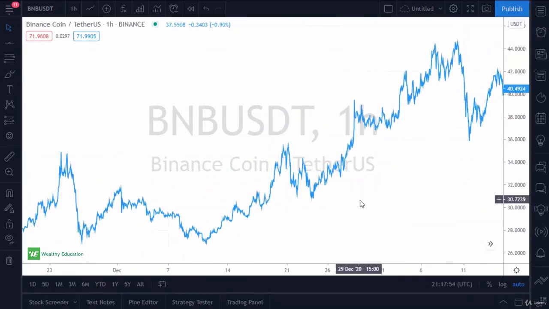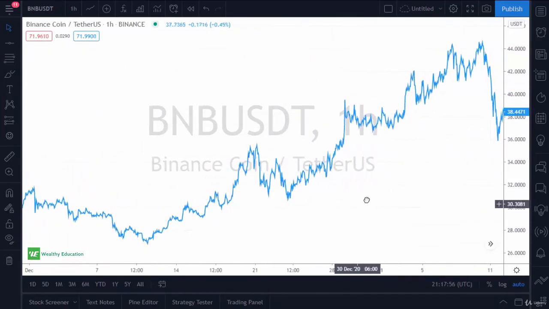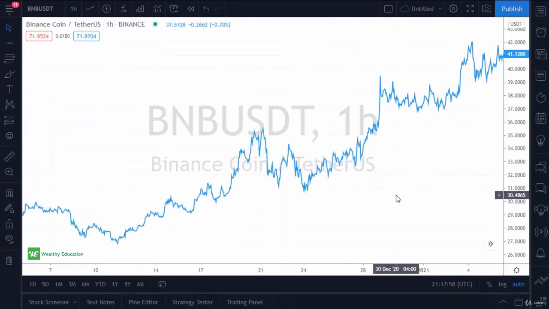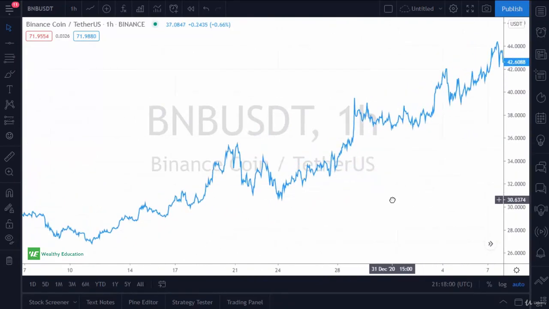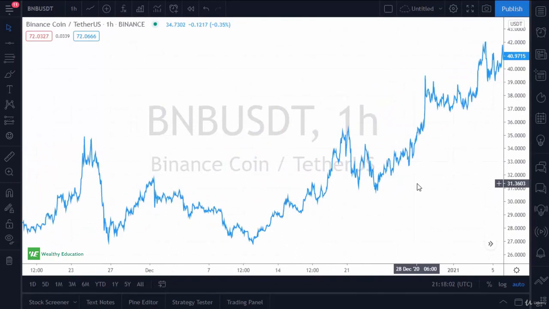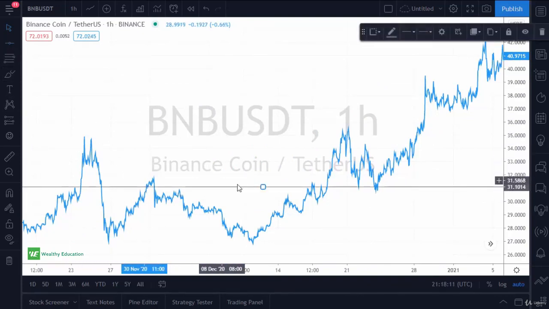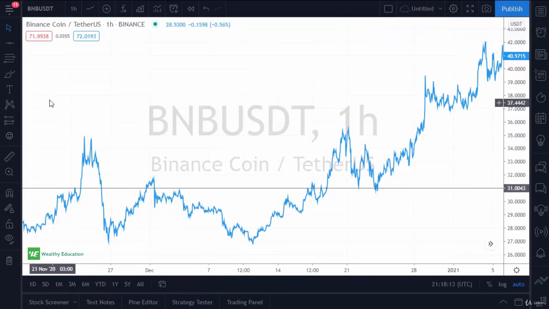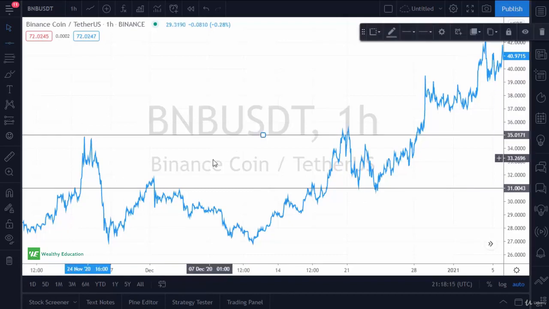Just as you can see that this resistance area caused the market to pull back to this support area. So let's go ahead and draw these lines again. So that in and of itself would capture your attention as a support and resistance trader.